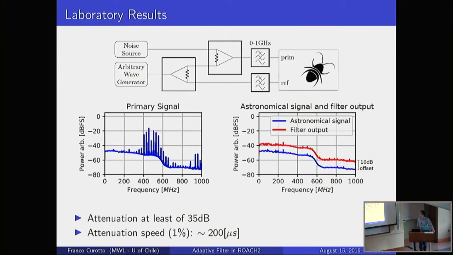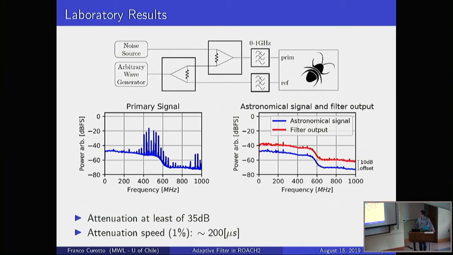On your left is the primary signal that is entered; this is emulating what you see in your telescope, right? The flat signal represents your astronomical signal, and the spikes represent your interference. So you want to eliminate the spikes, right? On your right, you can see the results. The blue is the original astronomical signal, and the red is the filter output.